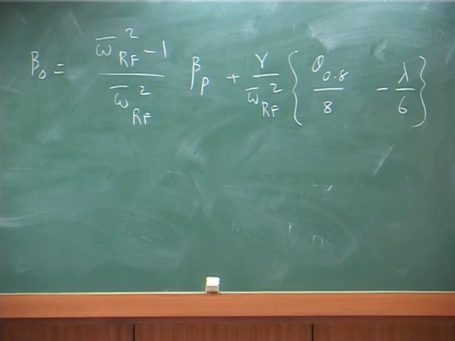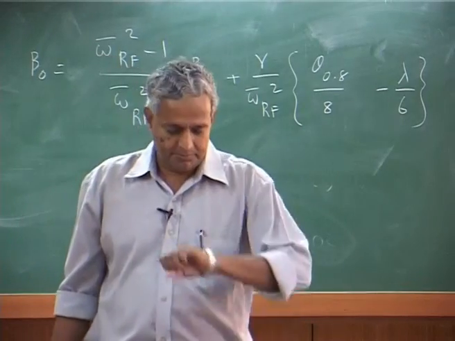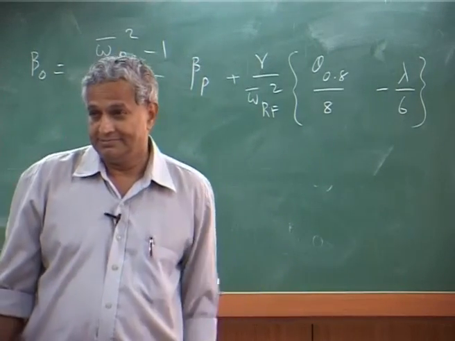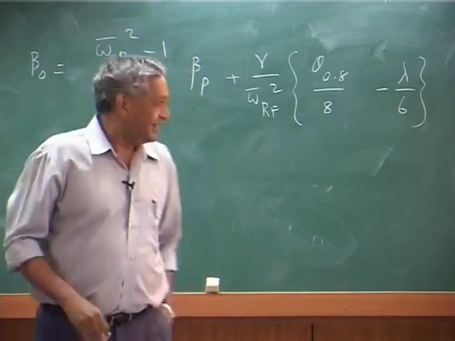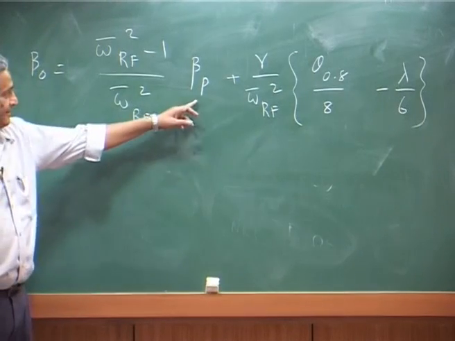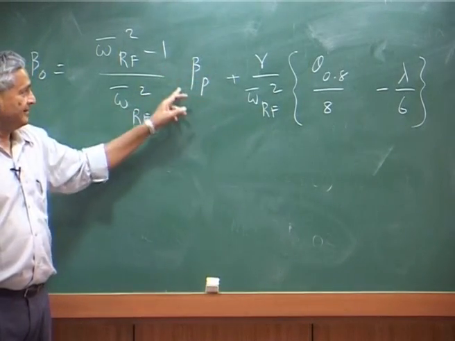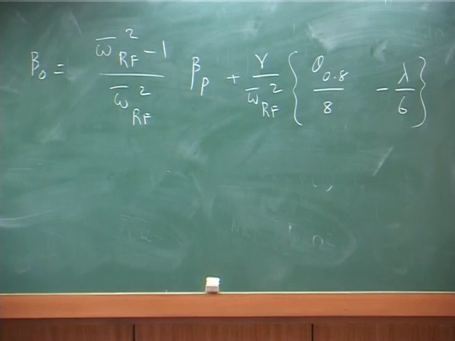Now, there is something called ideal precone. That is, how much can I set.